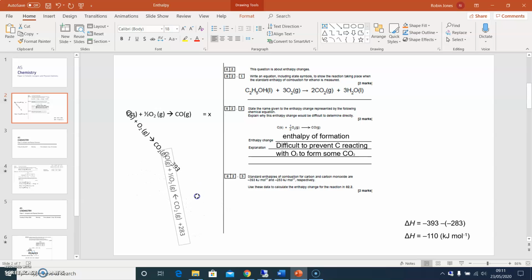I'm going to match it up again, if it'll let me. Come on. A match. And I've got CO2 matching up and going to CO. Make it a little bit smaller if I can.